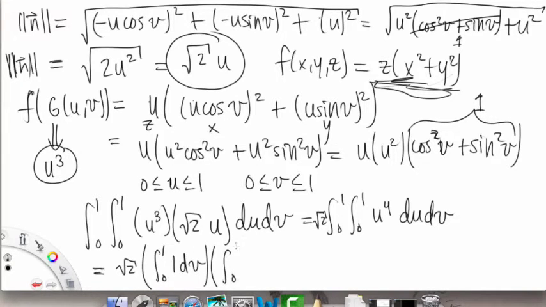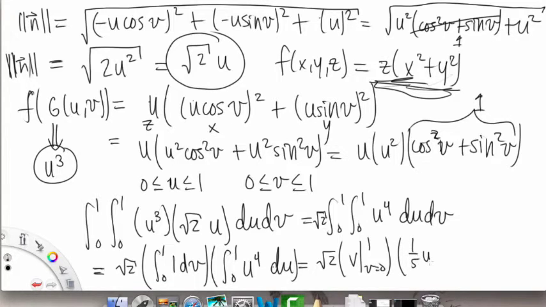And then we also have the u stuff, u to the fourth, and then a du. So this is equal to square root of 2, and then v as v goes from 0 up to 1. And then we have a 1 over 5 u to the fifth as u goes from 0 to 1 as well.